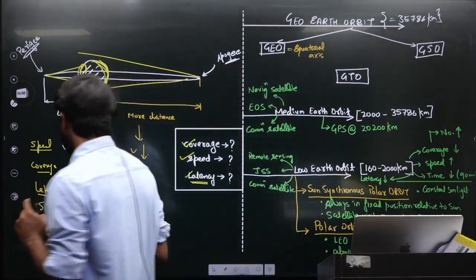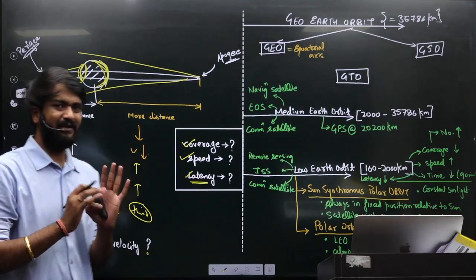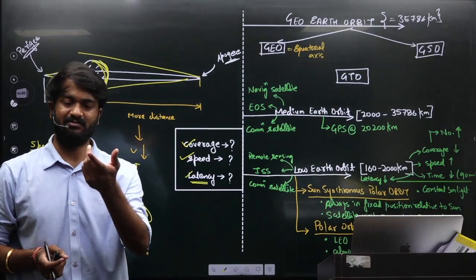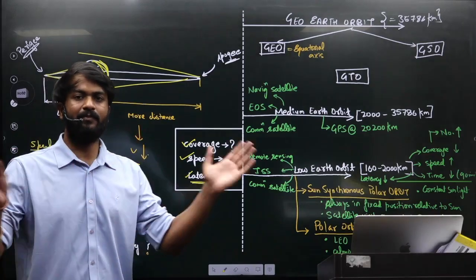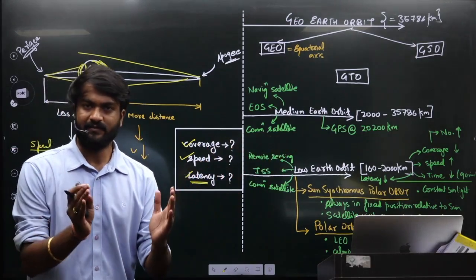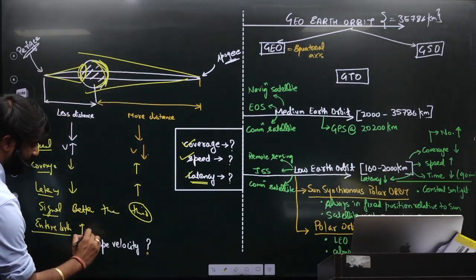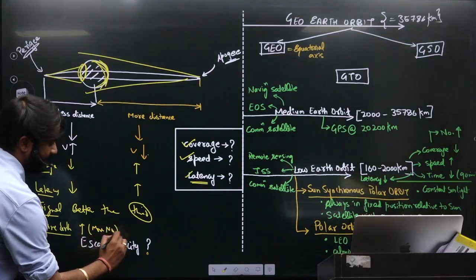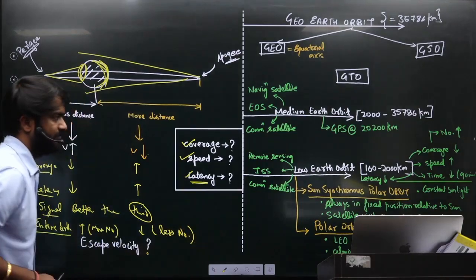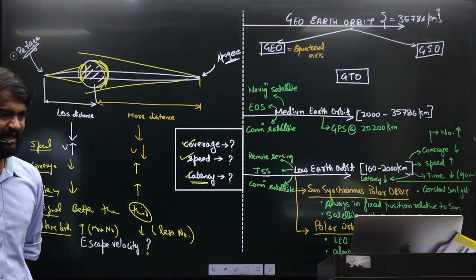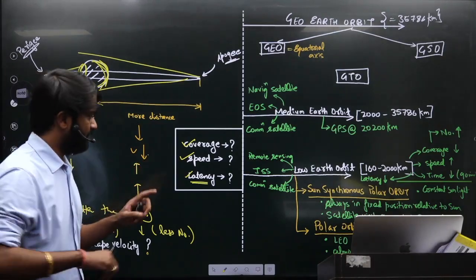So do not remember it with the lower earth or medium earth or geo, just a simple thing: less distance, more number of satellites; more distance, less number of satellites. Done. So this will need more number of satellites, and this will need less number of satellites.